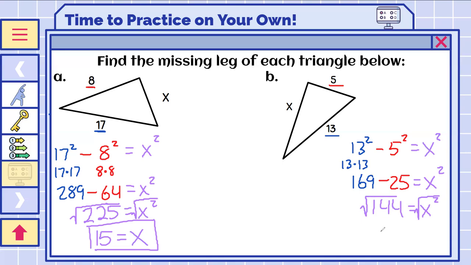Coincidentally, I know that 12 times 12 gives me 144. So then x is 12. If you got 15 for triangle A and 12 for triangle B, then you absolutely used the converse of the Pythagorean theorem correctly. This is the time where if you did make any mistakes, please correct them now. But I'm going to clear this up and head to the closing.